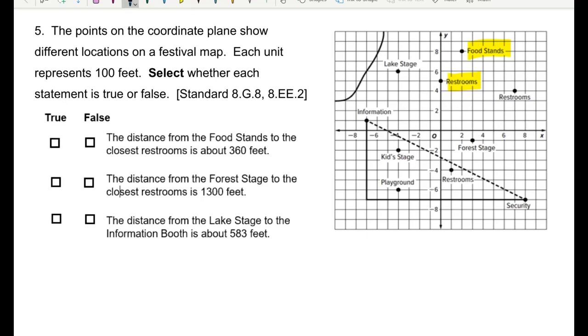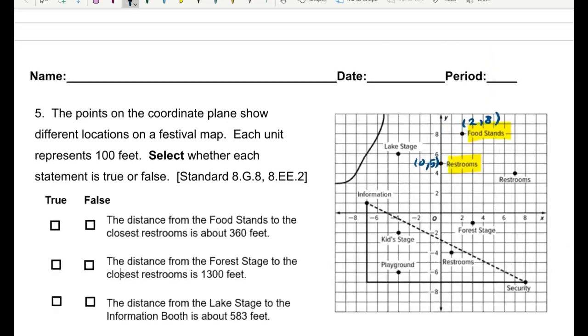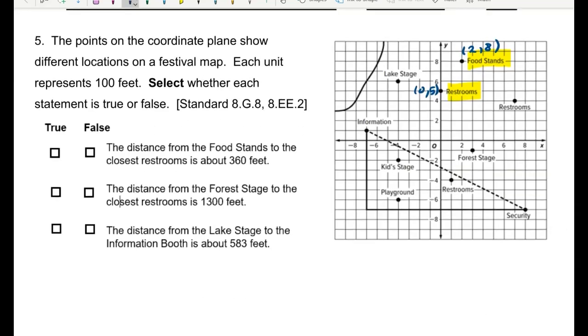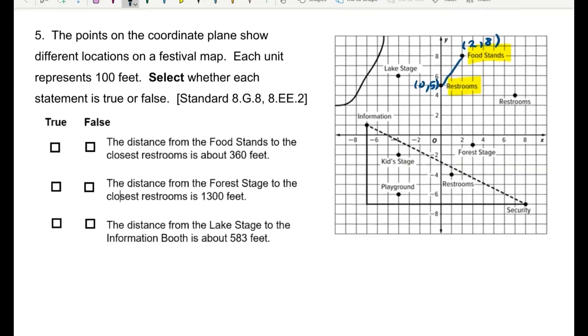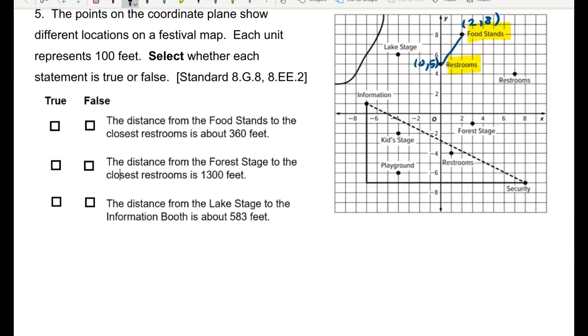We're going to look at the coordinate points. Food stands has the coordinate of (2, 8), and the restroom is (0, 5). We're going to find the distance from the food stands to the restroom, so I'm going to use the distance formula.